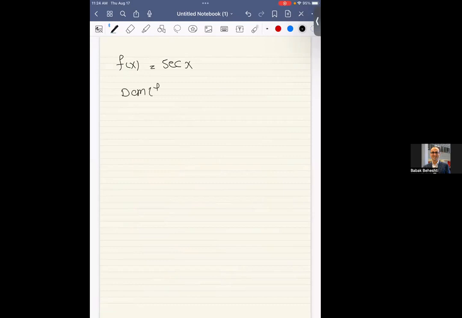So the domain of f is similar to the domain of tangent, consists of all real numbers except the odd multiples of pi half. So x is anything but the odd multiples of pi half.